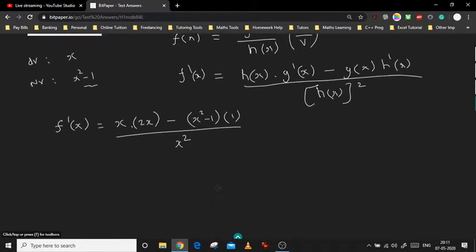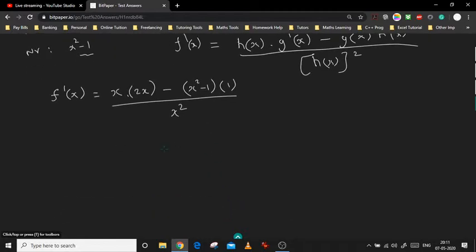Okay, so we just have to simplify from here. This is going to be 2x squared minus (x squared minus 1), all divided by x squared, which is equal to x squared plus 1 over x squared.